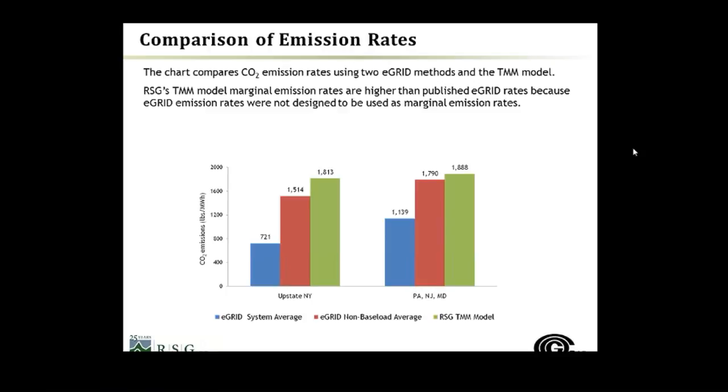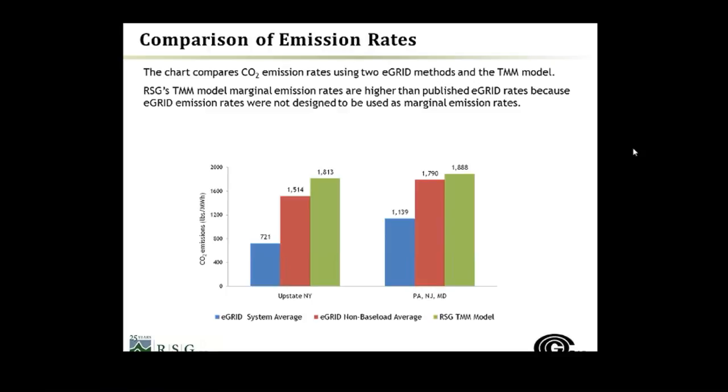And what you can see in all cases is that the RSG TMM model, which is, of course, a marginal model, shows higher avoided emissions than the eGrid system average and the eGrid non-base load average.